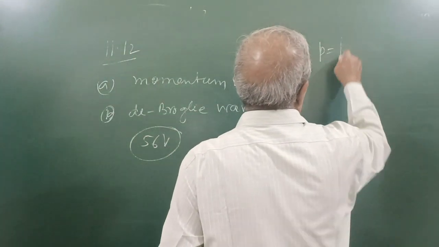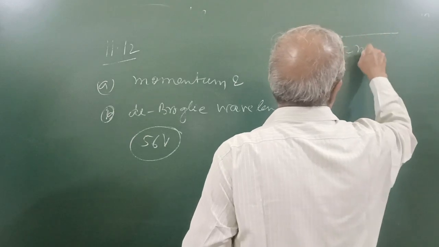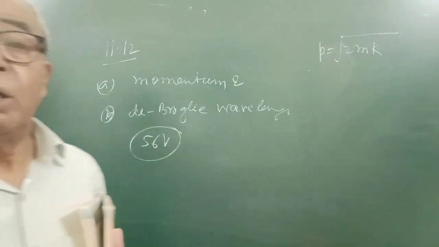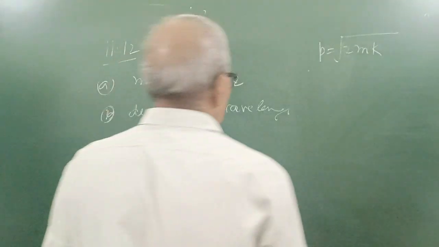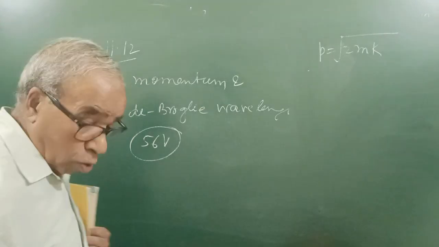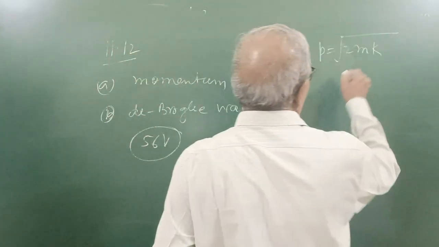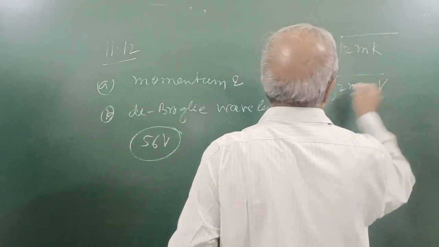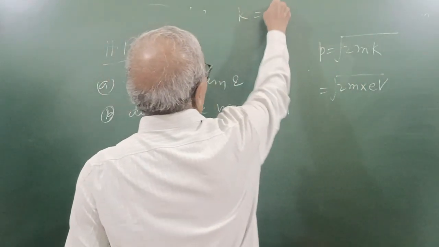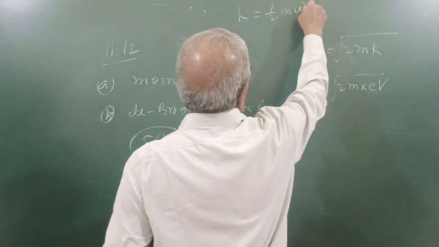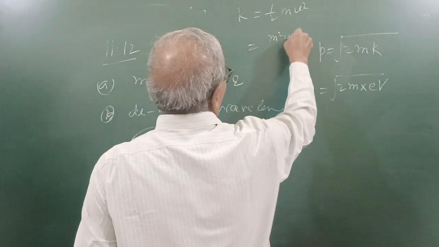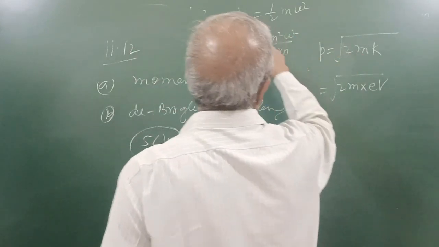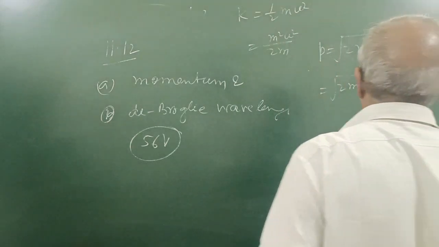P equals under root 2mK. Dear friends, momentum p is under root 2mK. What is K here? The electron is accelerated through 56 volt, so K is eV, and p is under root 2m into eV. I told you kinetic energy equals half mv square, that is m square v square upon 2m. So 2mK equals p square, p equals under root 2mK.